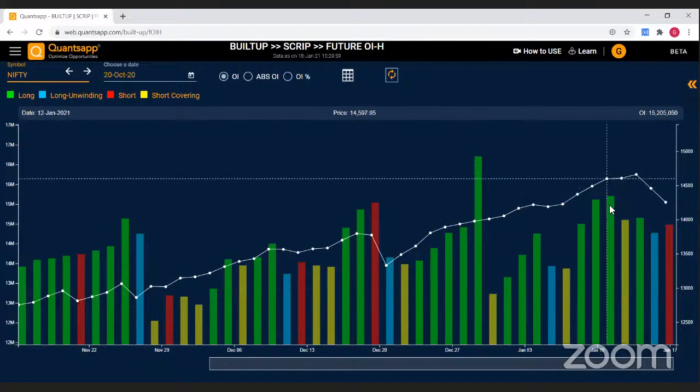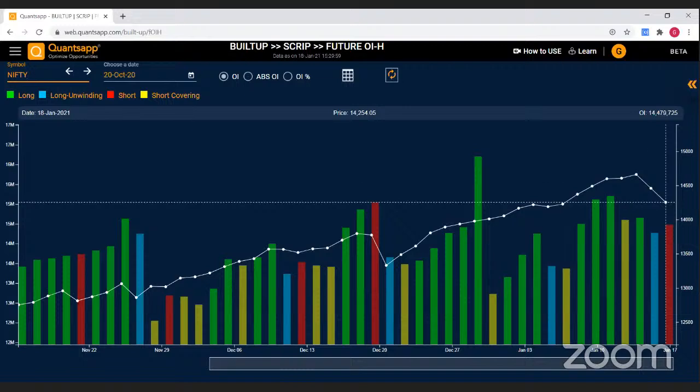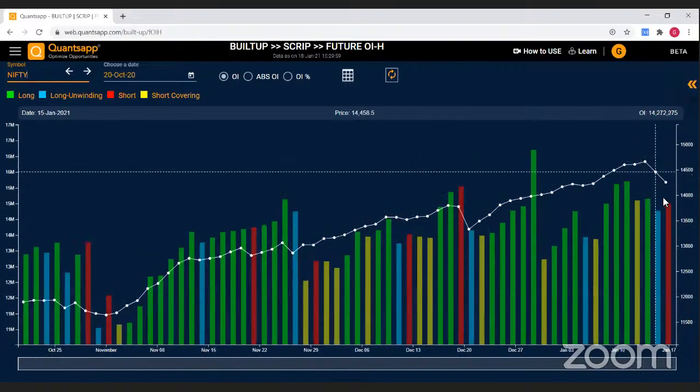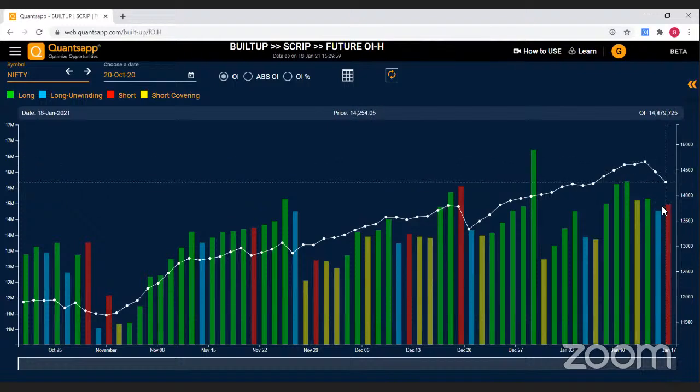So here you can see after January 12th, the OI has slightly declined. That's not very huge, but it has slightly declined. You can say that after long unwinding there is a short build-up here, which is giving an idea, with the help of price, of how the price movement was in the previous days and how the OI build-up was.